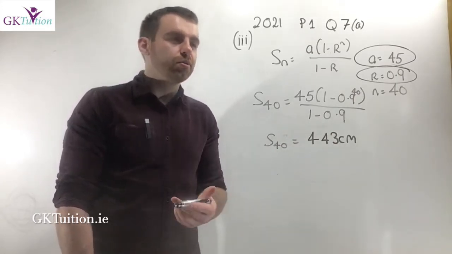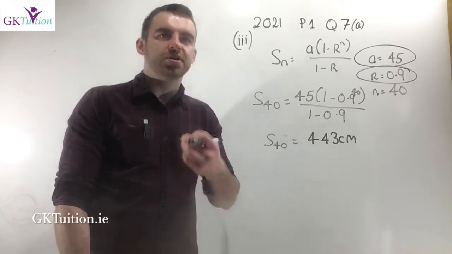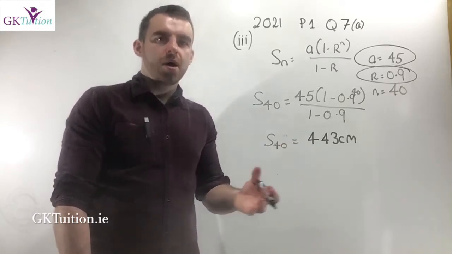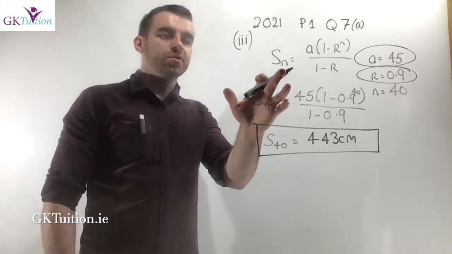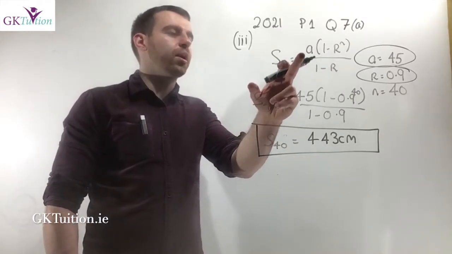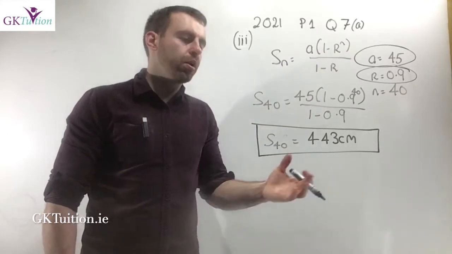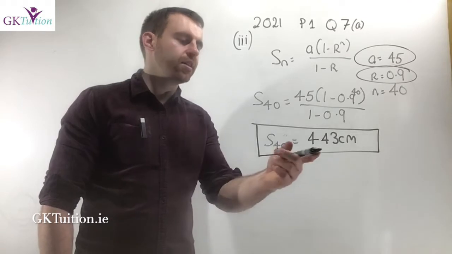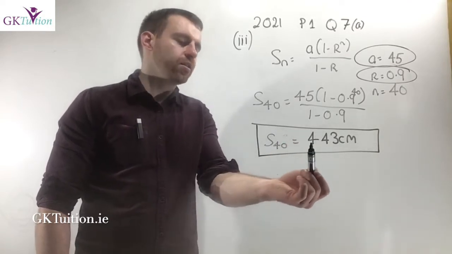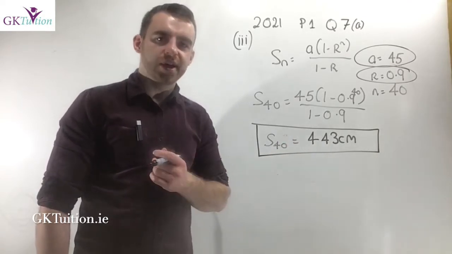Now you could use Tn, you could get T1, T2, T3, you could add them all up. But obviously it's far more efficient here to use the formula for Sn. So since we're using Sn, we just need to sub in our a, r, and n. Plug it all into our calculator and we identify that after 40 swings, to the nearest centimeter, the tip of the pendulum has travelled 443 centimeters.